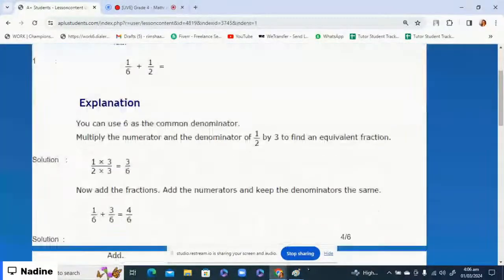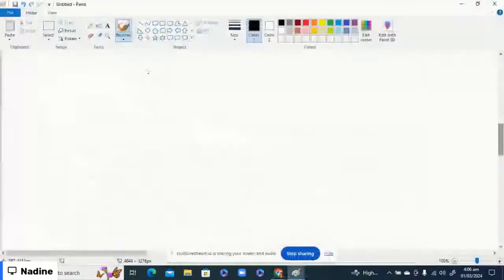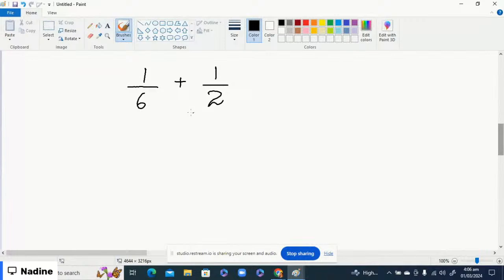1 by 6 plus 1 by 2. 1 over 6 plus 1 over 2. Now look, first of all, we are going to check which has the smallest denominator. Is 6 smaller or 2? That is 2.